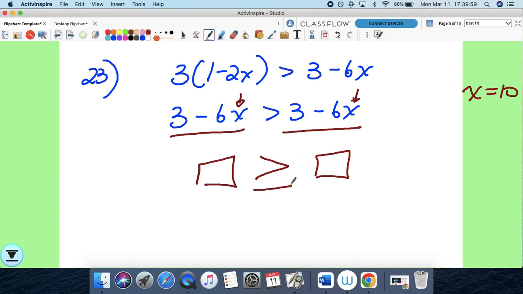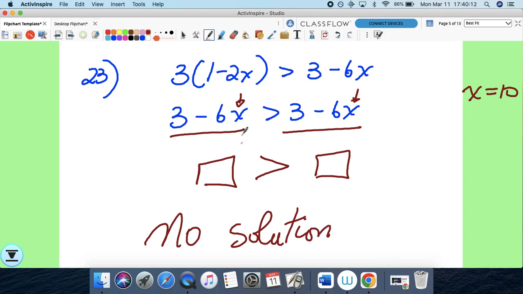If it was like this, that'd be a different story, but it's not. So for this one, because the left side is exactly the same as the right side, there's no solution. There is no value of x that you can plug in here and here to make that inequality true. Okay? And that's it.